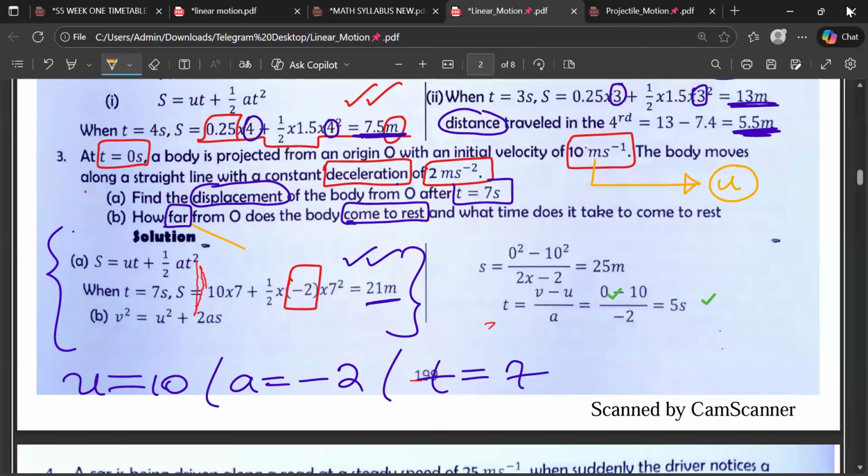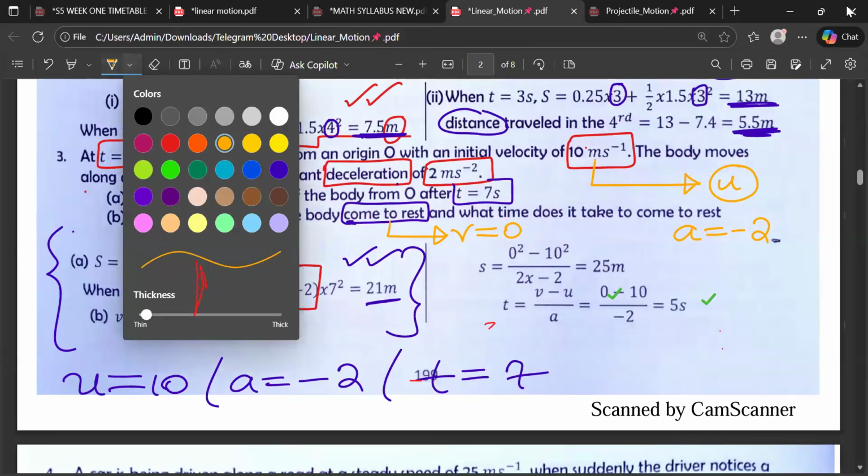When they ask how far, this is S. It's what they want. When they say the body comes to rest finally, that means V is 0. But remember, you've been provided with a constant deceleration, which is 2. So you also have A as negative 2. So you simply ask yourself, which equation of motion can help me get S?